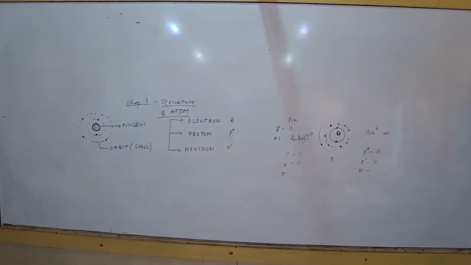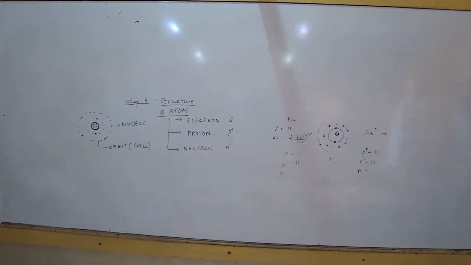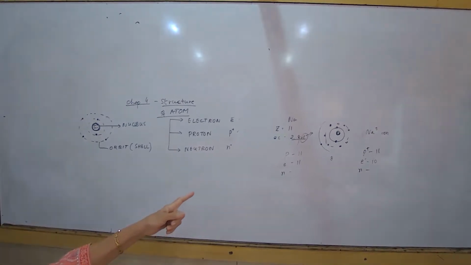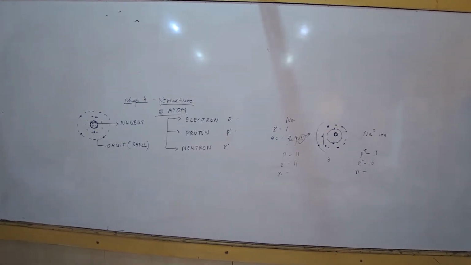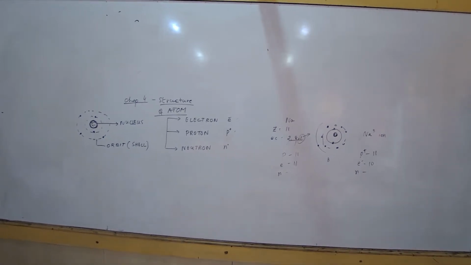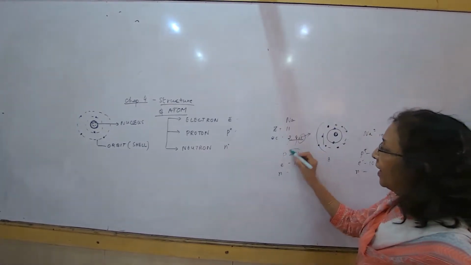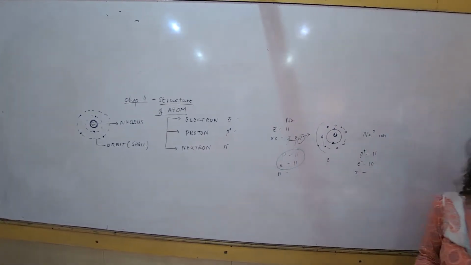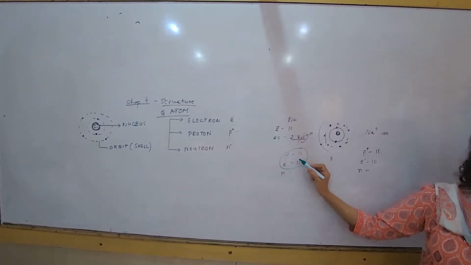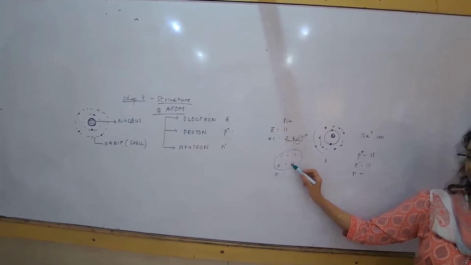Also, I want to tell you something about what is known as atomic number. What is an atomic number? Like, for example, sodium, I put it as Na. What does it tell us? 11. 11 what? 11 positive charges of sodium and 11 negative charges of sodium.